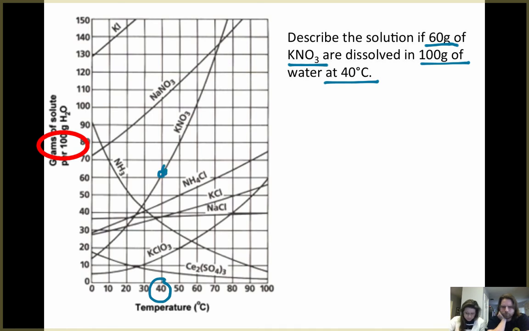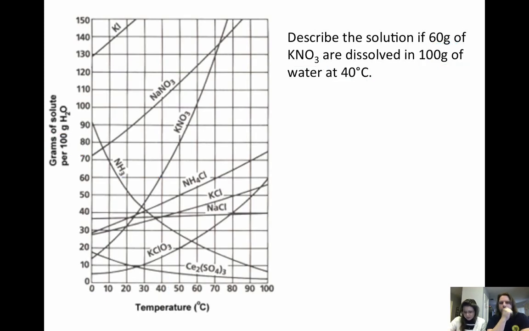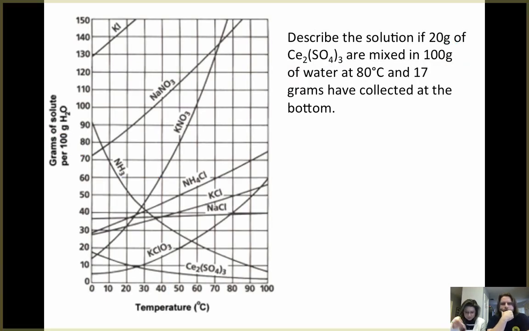We're right about here. If we're at a point on the curve, we're saturated. 60 grams per 100 grams of water at 40 degrees is right on that line, so it's saturated. If we had 80, it would be supersaturated because that would be above the curve. Less than 60 would be unsaturated because it's below the curve.